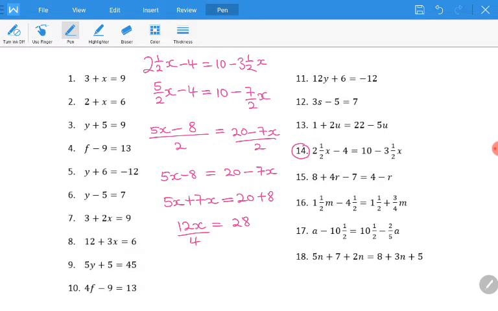So if you divide both sides by 4, it becomes 4 into 12, that's 3. 4 into 28, that's 7. So 3x is equals to 7. And x is equals to 7 over 3, which is equals to 2 1/3.